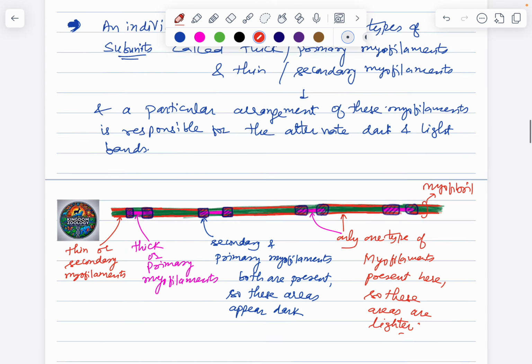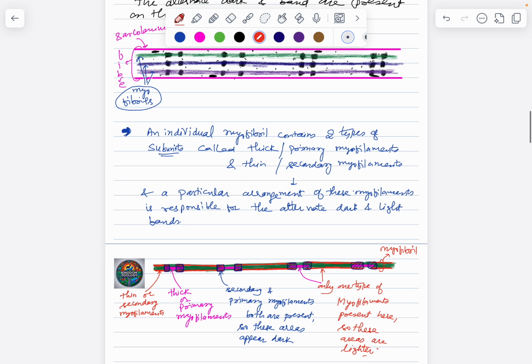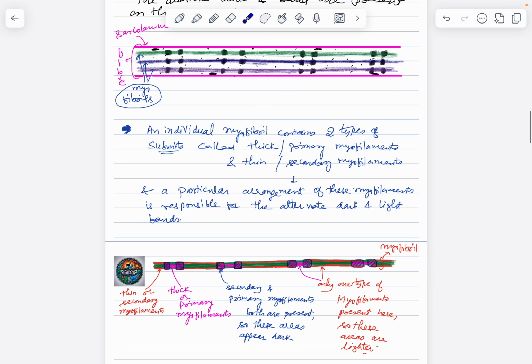Now compare this picture with the picture on top. What was I telling you? This is one individual myofibril that I've taken. Now look at this.